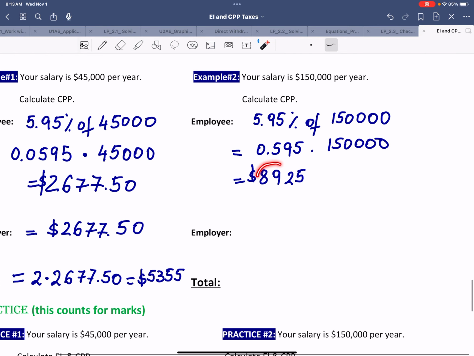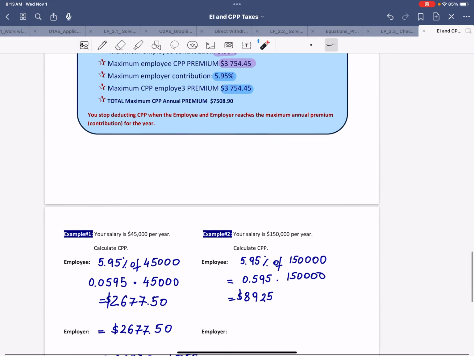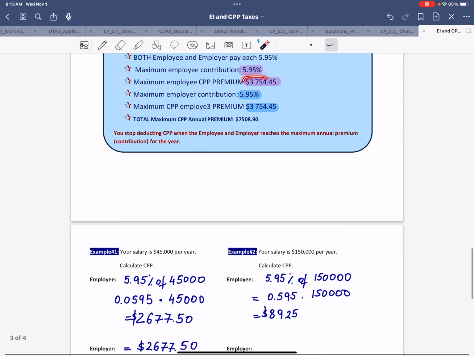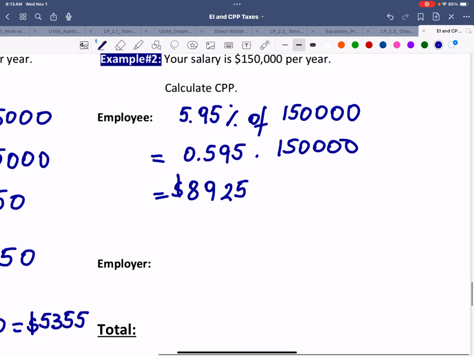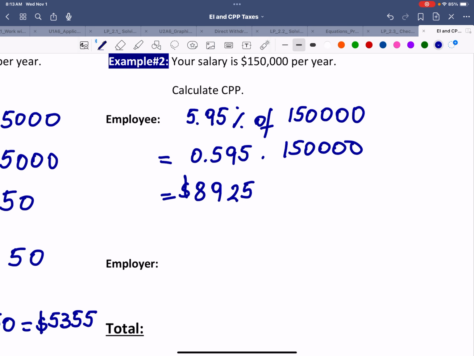$3,754.45. So this amount is way greater, which means that this person here that makes 150K has maxed out the premium of $3,754.45. So this is greater.